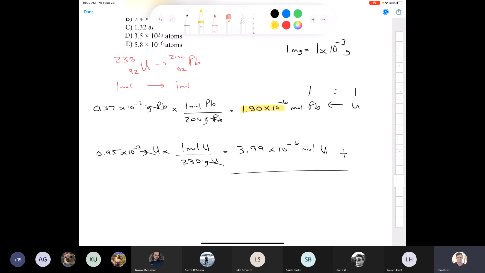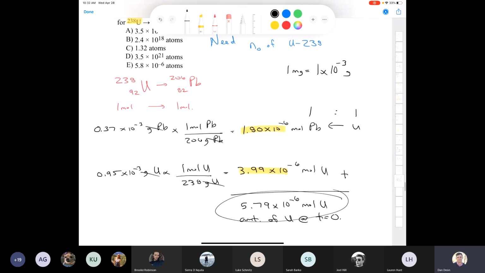So if I tally up 1.80 times 10 to the negative 6 and 3.99 times 10 to the negative 6, that gives me a total of 5.79 times 10 to the negative 6 moles of uranium. That's the amount of uranium at T equals 0, that I started out with.